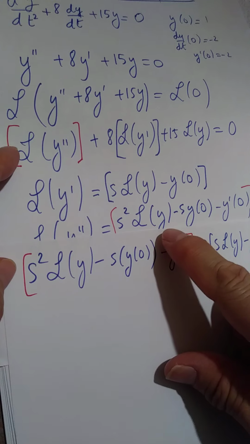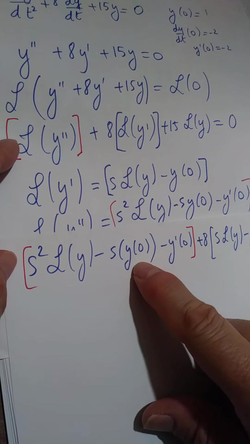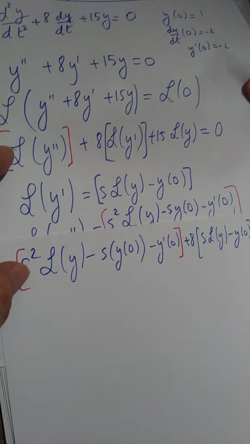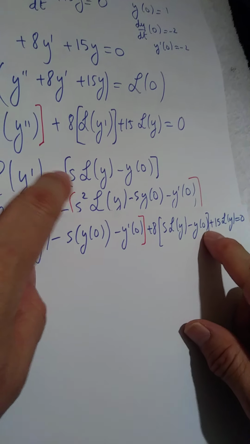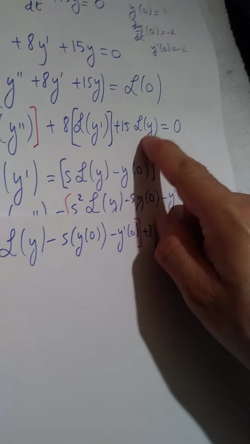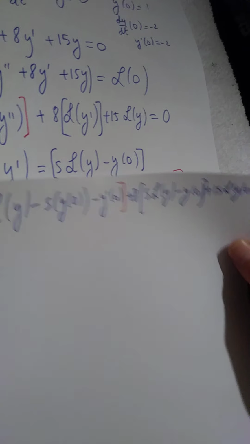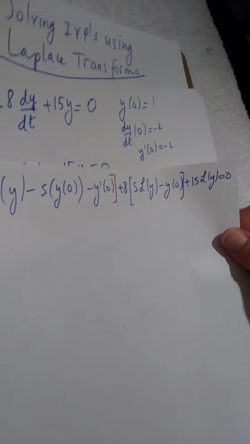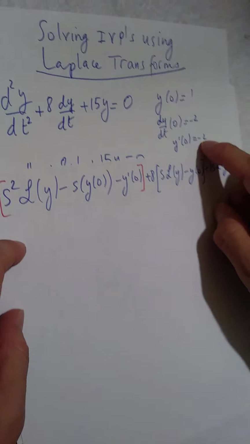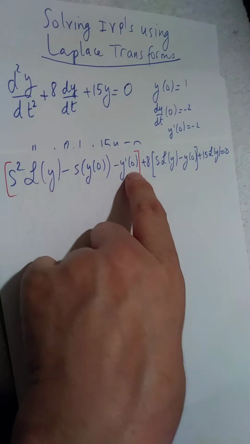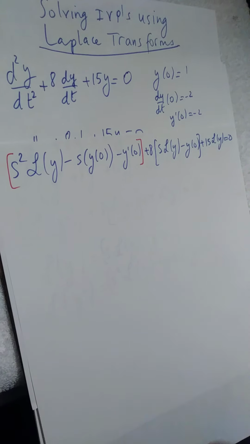S squared transform of y minus s y of 0 minus y prime of 0 plus 8 transform of the derivative, which is s transform of y minus y of 0 plus 15 transform of y equals 0. Alright, we have y of 0 and y prime of 0. Y of 0 is 1 and y prime of 0 is minus 2. So I'm going to replace this by 1 and this by minus 2.